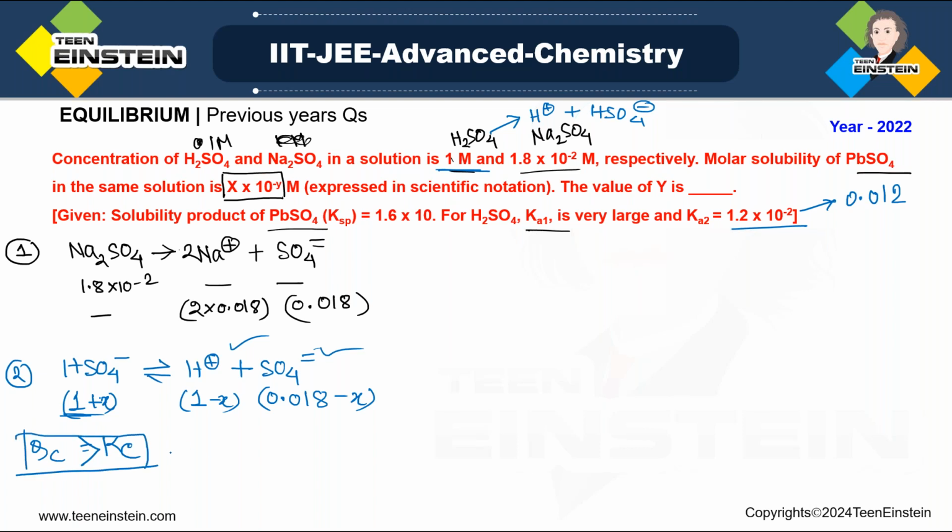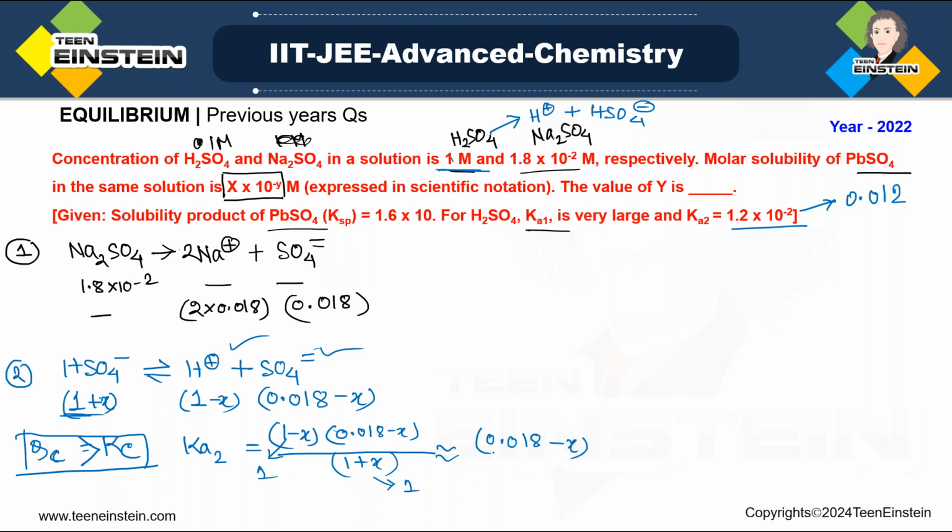Now once you have written it, you can write it as Ka. Basically this Kc is Ka. So the expression for Ka2 will be H plus concentration, which is 1 minus X, then SO4 concentration, which is 0.018 minus X, divided by 1 plus X. Now this X is very small, so this is almost equal to 1 and this is also almost equal to 1.